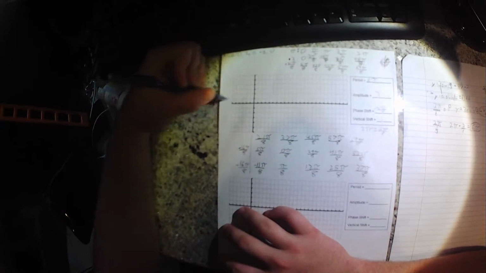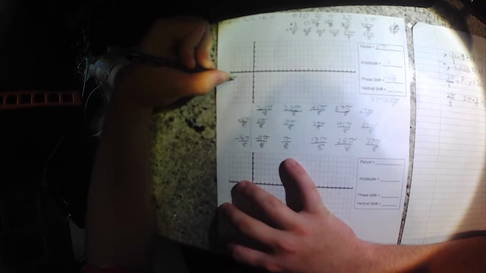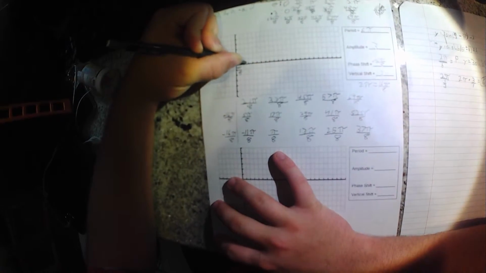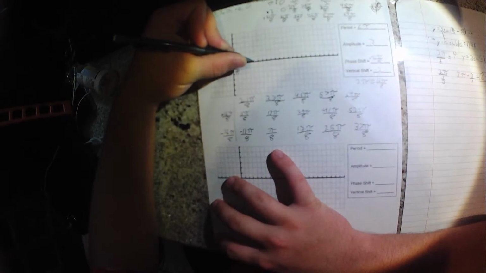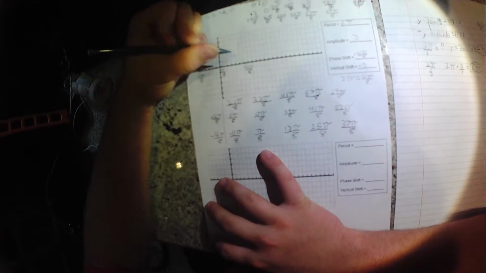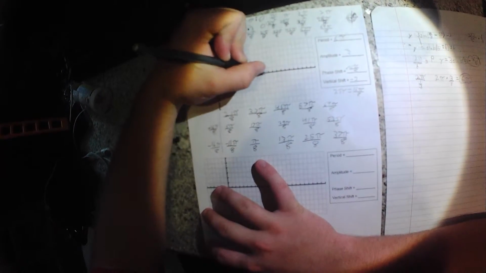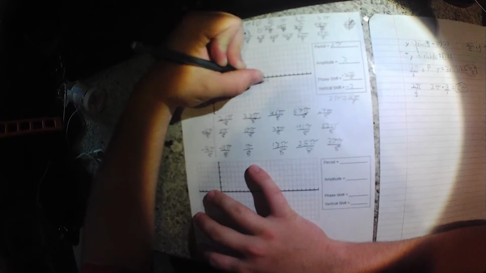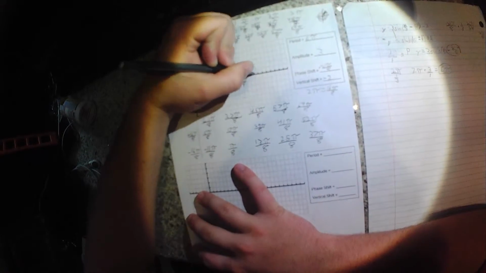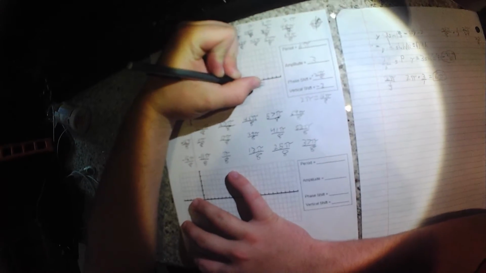So we'd start at negative 11, which would be right here, being negative 11 pi over 8, then pi over 8, 13 pi over 8, 25 pi over 8, and 37 pi over 8.